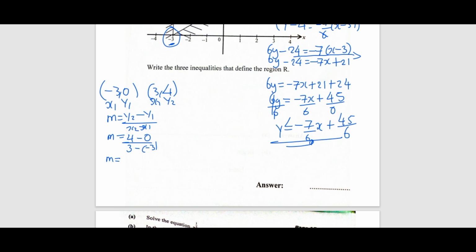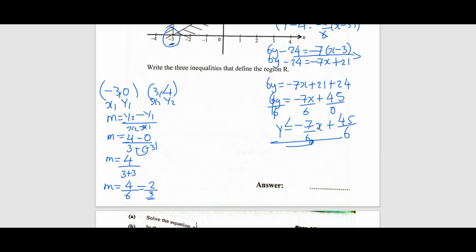So 4 minus 0 is 4 over 3 plus 3, negative times negative. So gradient is equal to 4 over 6. If we reduce, 2 here is 2, 2 here is 3.